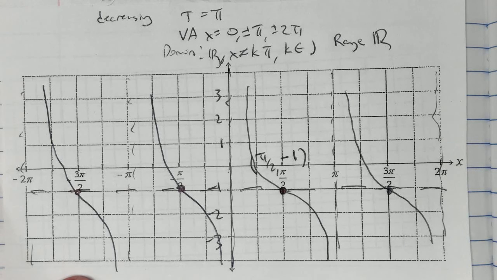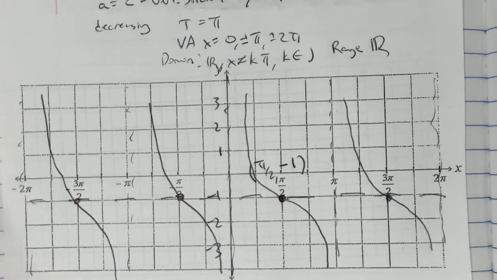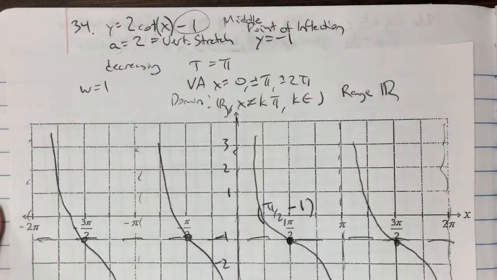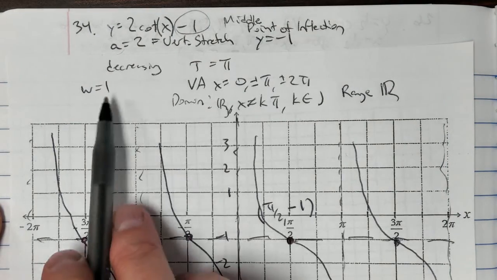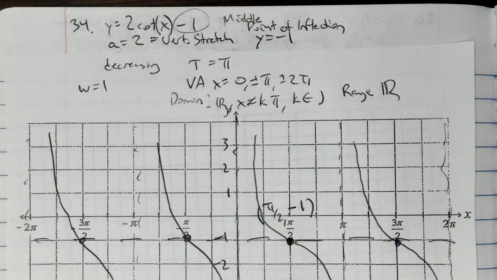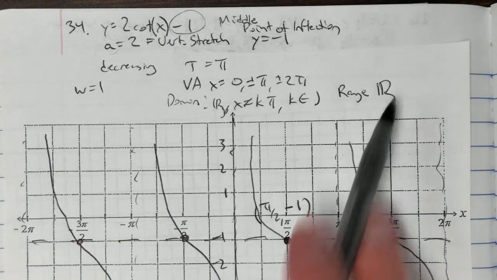So the W on this one would be 1 if you need that for your Math Excel. There's no number in front of x, so your W is 1. And then your period would be pi. What did you say the range was? All real numbers.